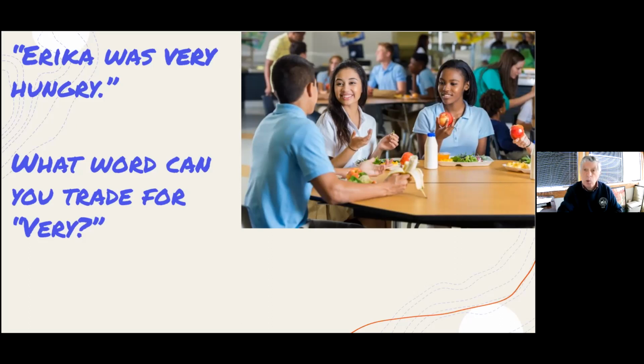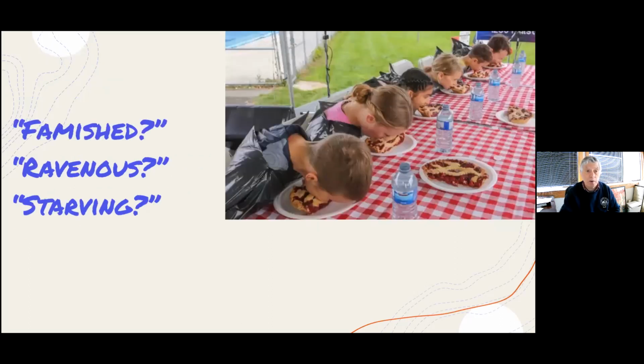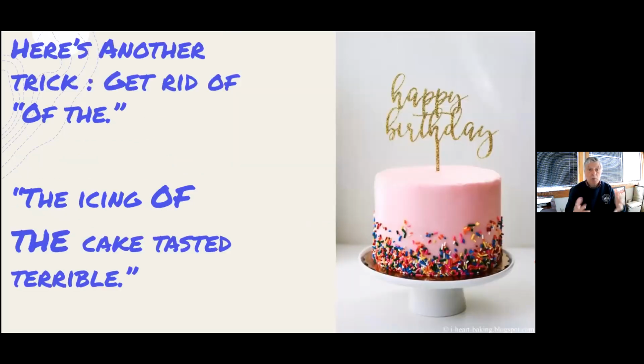So what word can we use instead of very? How about famished, ravenous, starving? Ooh, it's a little more clear. It's saying that she was very hungry without using the word very, and you get to eliminate very. So that's one word less. Now here's another trick. Get rid of the.